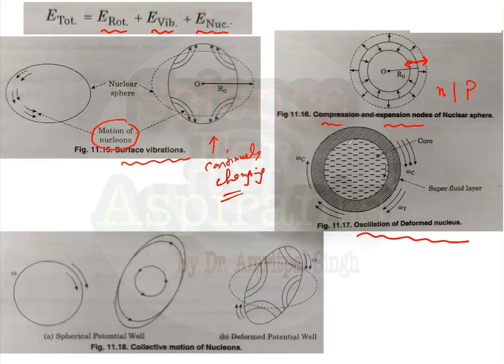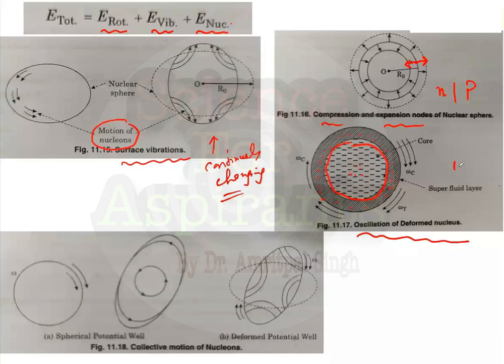So what he has considered is that the nucleons present in the core act like a semi-fluid, and the outer valence nucleons, depending upon their number, move in the outer core, and due to this oscillation there is a deformation of the nucleus.